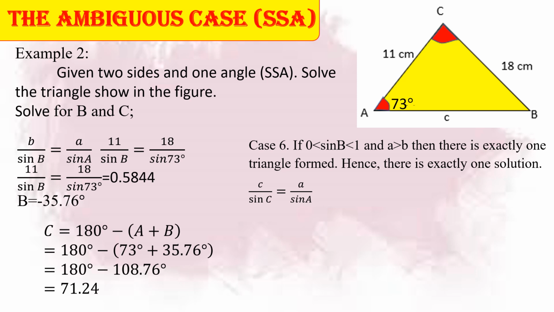C over sine C, where the measurement of angle C is 71.24, is equal to the measurement of side A, which is 18, over sine A, the angle A, which is 73 degrees. I'll just use cross multiplication. So C is equal to 18 times sine 71.24 all over sine 73 degrees.